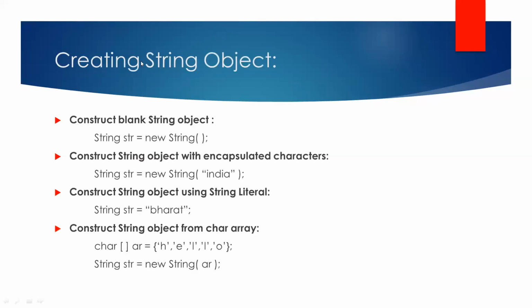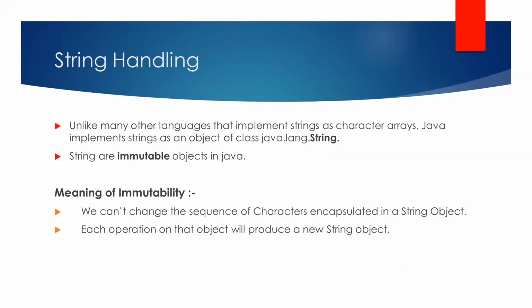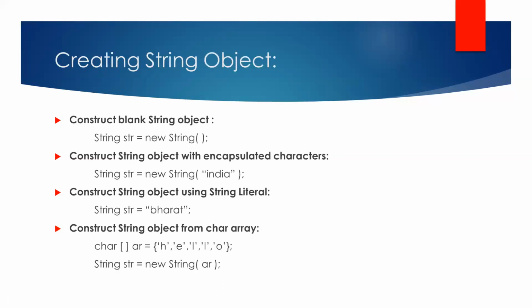Now come to this. How to create a string object in Java. There are many constructors available, and we can also create a string by using a string literal, and we have already seen what a string literal is. So construct a string by using the default constructor. This will create a blank string object.